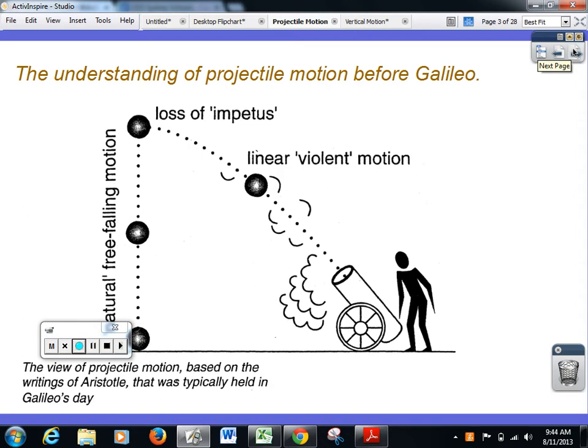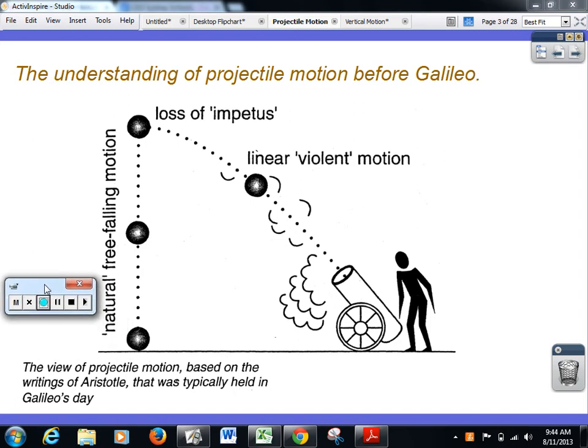Now, to understand what projectile motion is and how it's developed over time, we have to understand firstly what it was like back in the 1200s, during the Dark Ages. Okay? When we first learned how to project something. We've been projecting things for a very long time.